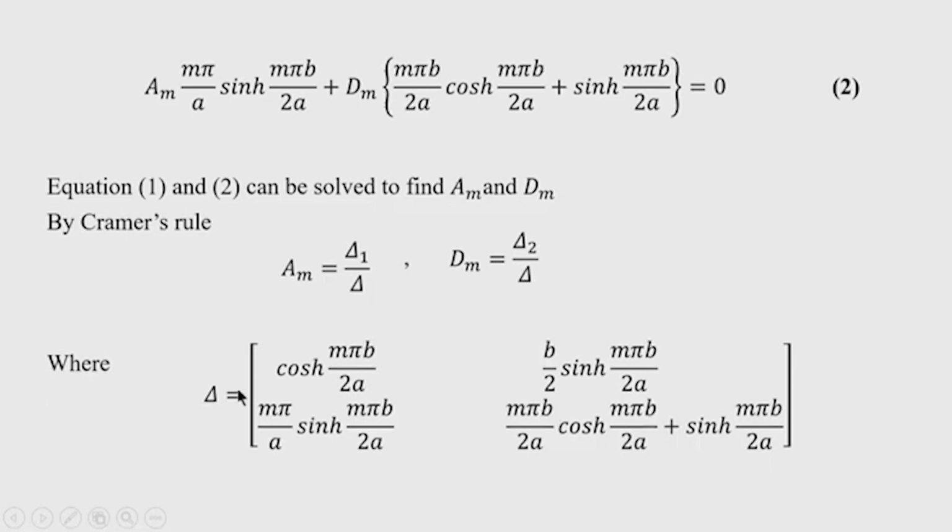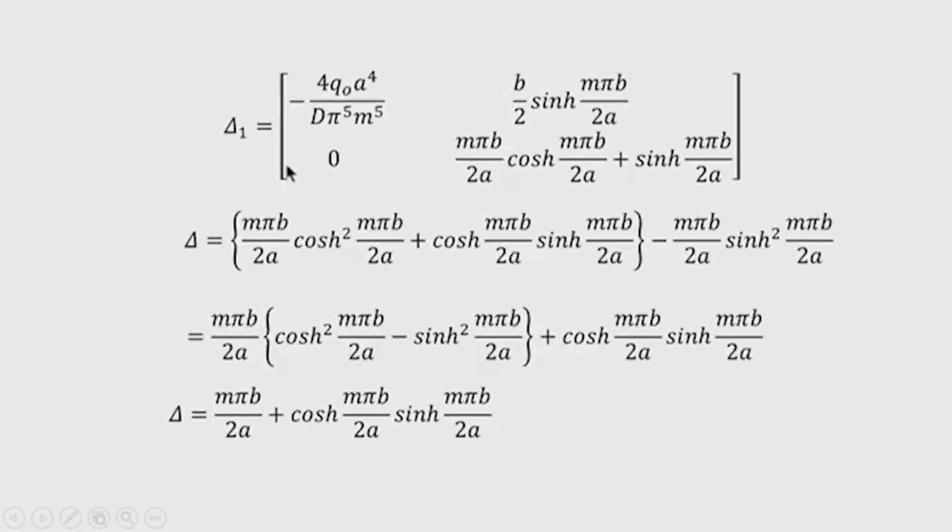So, this delta has to be evaluated, and it has to be non-zero, otherwise the solution will not be bounded. So, after evaluating this, we can find this quantity as delta.